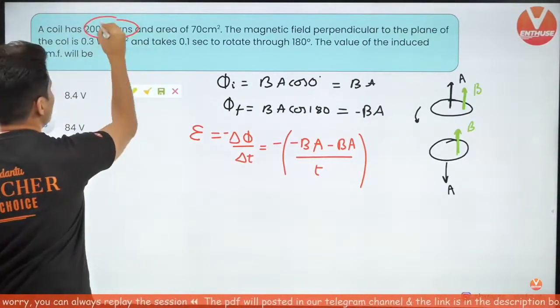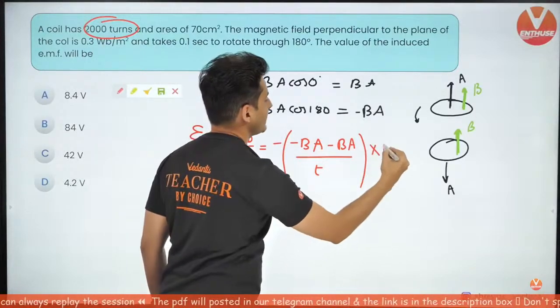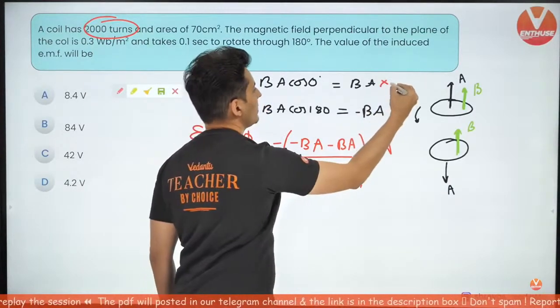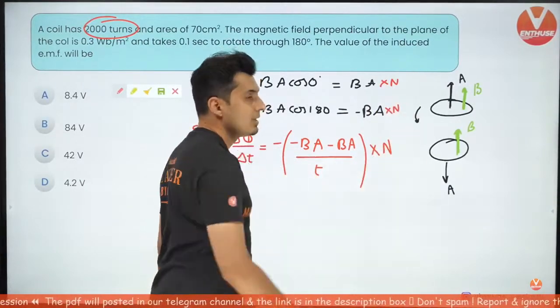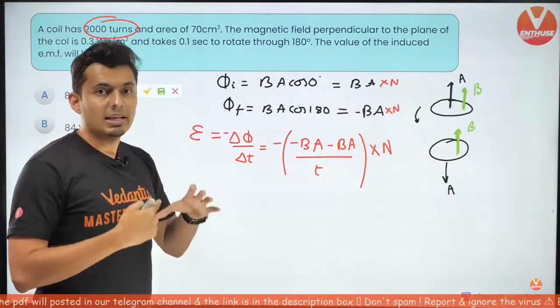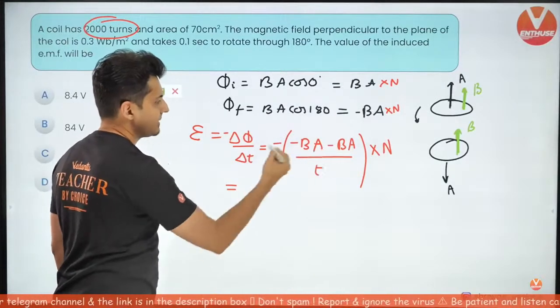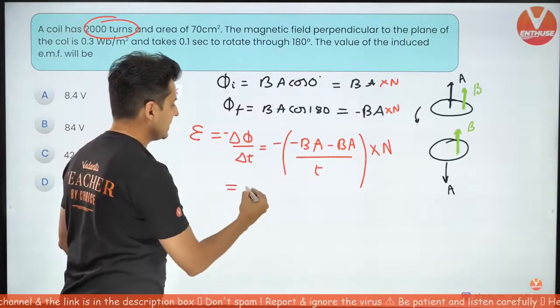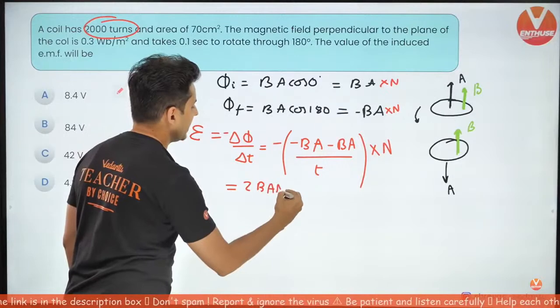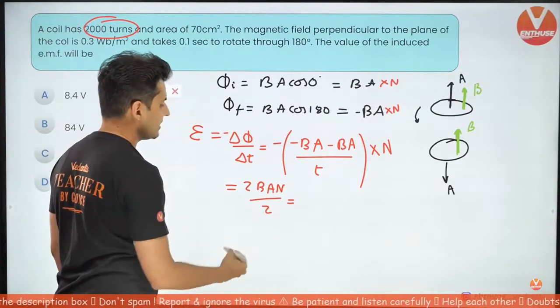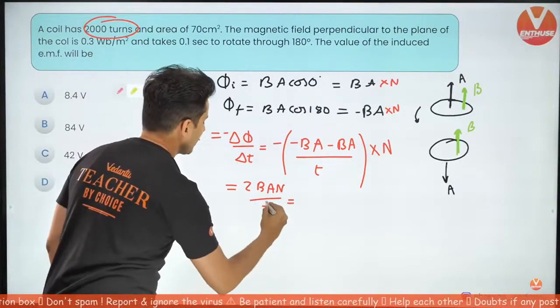There are 2000 turns, so I'll have to multiply this n times, because each turn will add to the flux. So minus BA minus BA is minus 2BA. Minus minus becomes plus. So 2BAN divided by T.